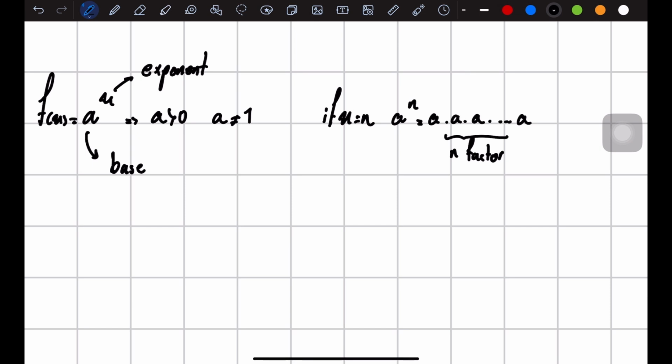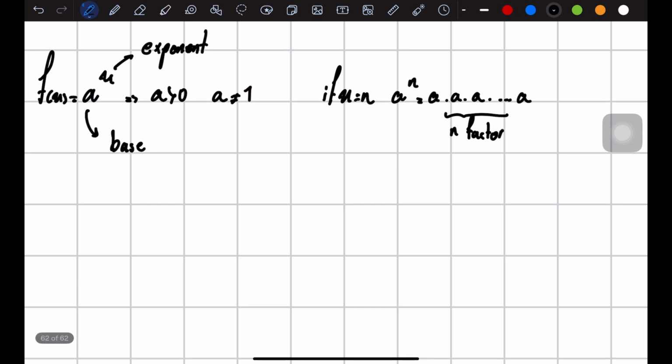So now let's go to exponential and power functions. I want to tell you guys what the difference is between the exponential function and a power function. Here, for example, x to the power of 2 is a power function. As x approaches positive or negative infinity, y also approaches positive infinity.